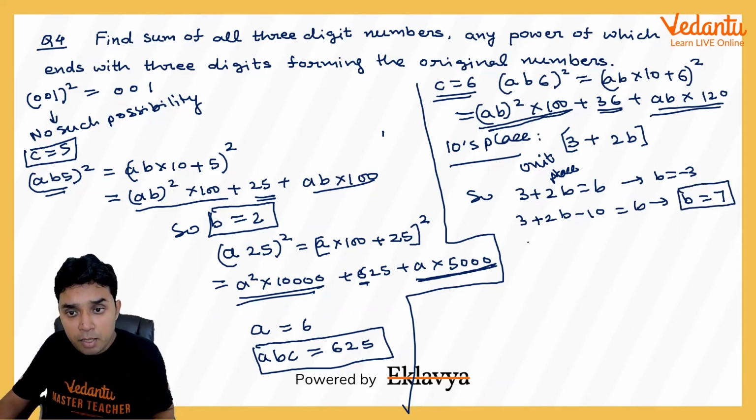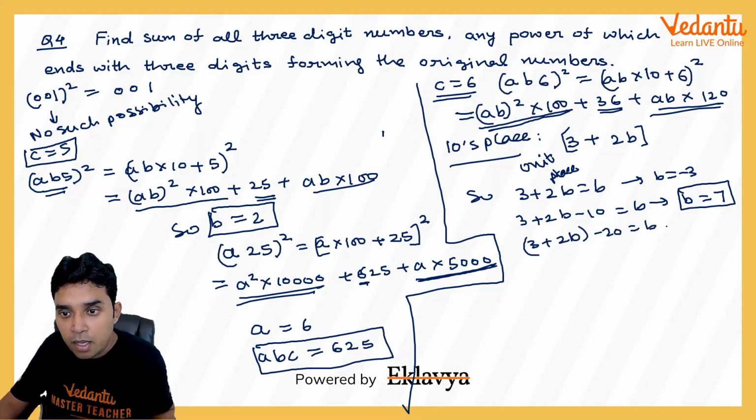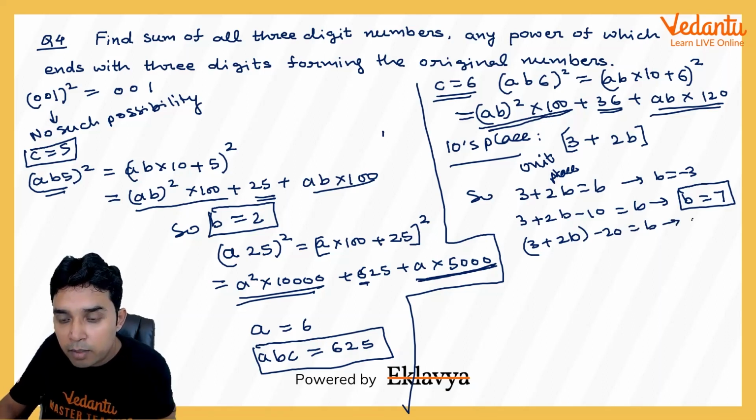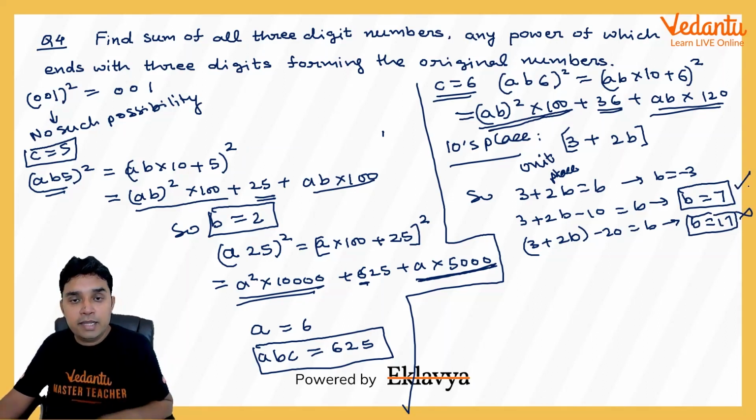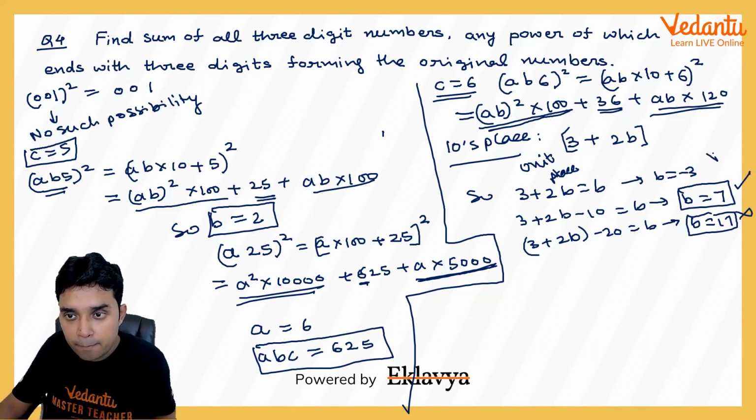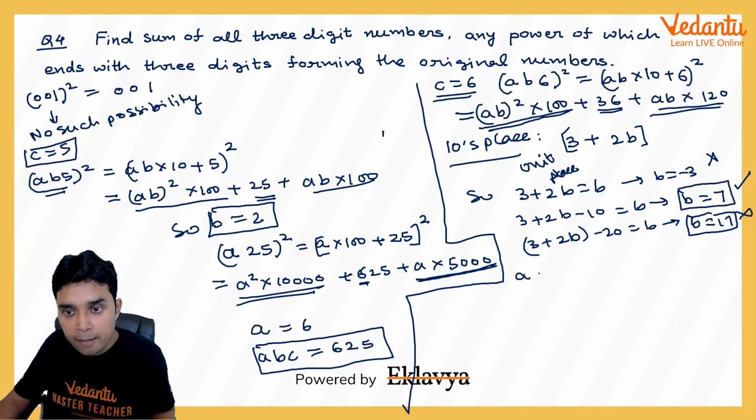Also, if 3 plus 2b can become greater than maybe 20, then also you can check. I think we are getting b to be equal to 17, which is also not possible. So here we are getting only one possibility, that is b is equal to 7. Now let us write this once again. So my number will be a, at b I will write 7, at c I will write 6.